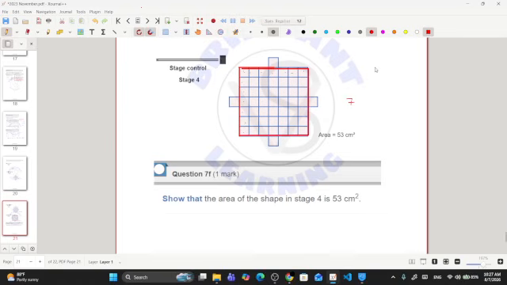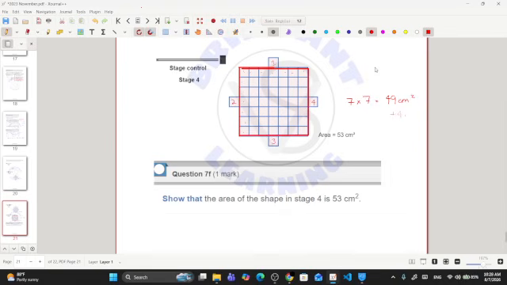So 7 multiplied by 7 is essentially 49 centimeters squared. But what about the external squares present on each side? 1, 2, 3, and 4.